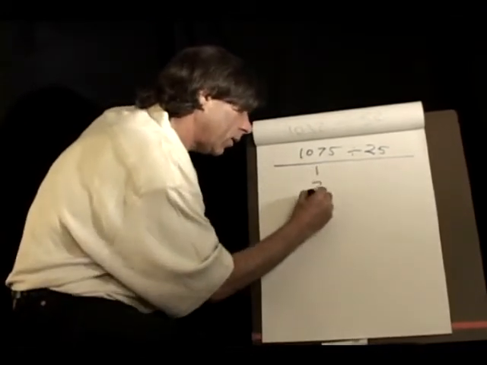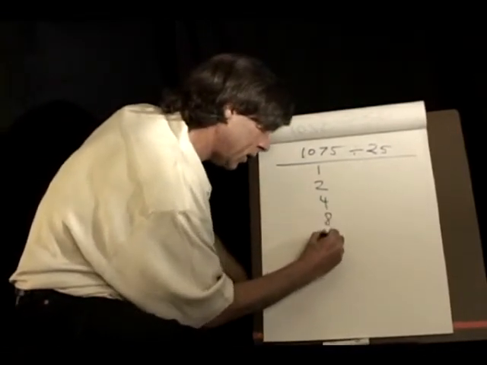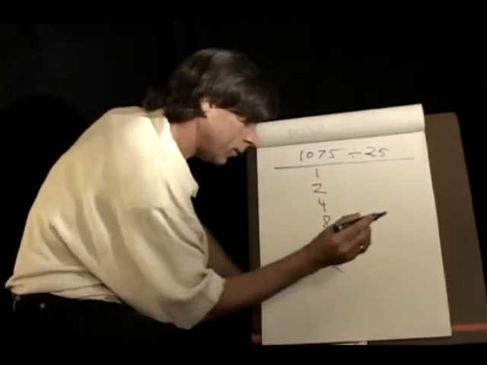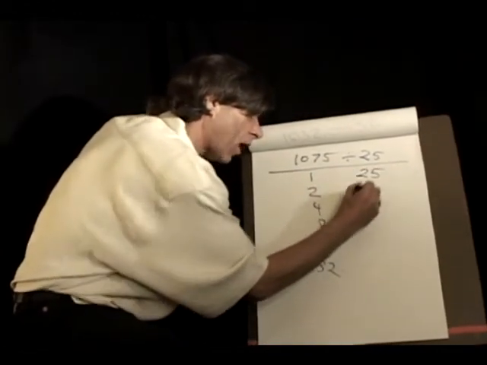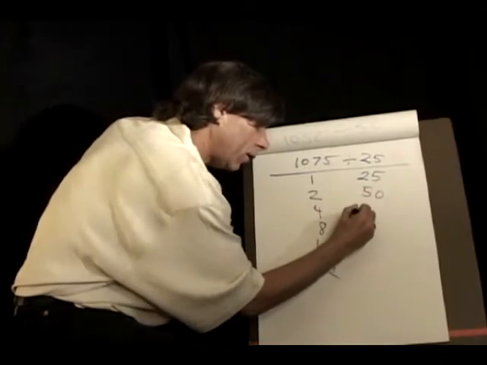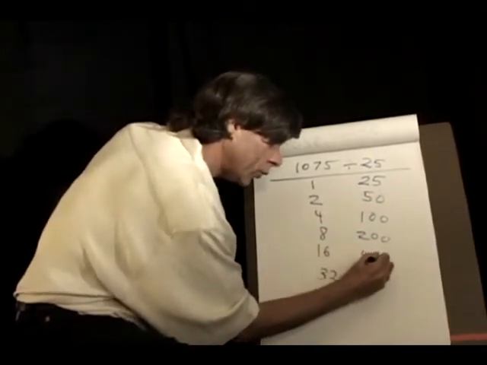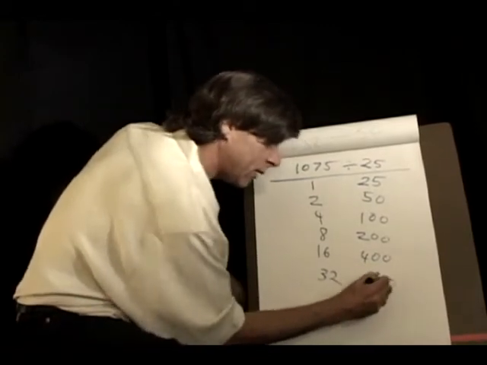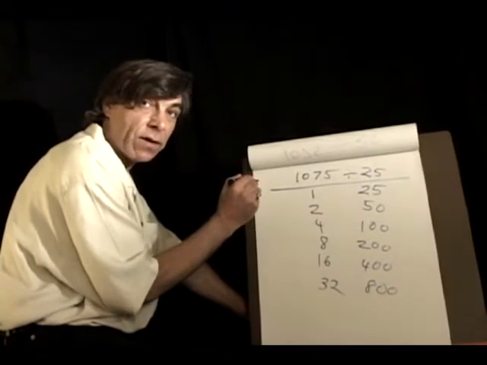Simply write out the powers of 2, 1, 2, 4, 8, 16, 32, and so forth. Here again, just the doubling of 25, 50, double that, 100, 200, 400, 800. I stopped there because if I went further, it's 1600, which is larger than 1075.